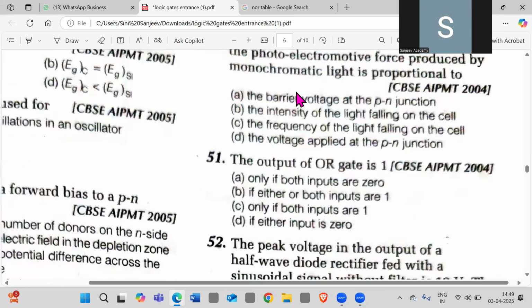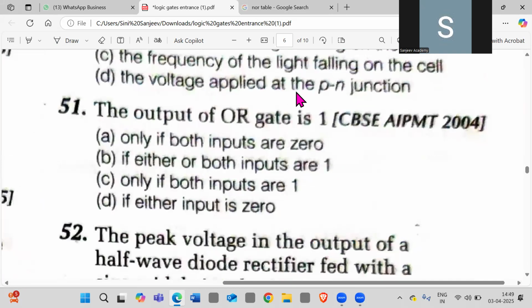First question. 51st one. Let me know the answer. 51st question.